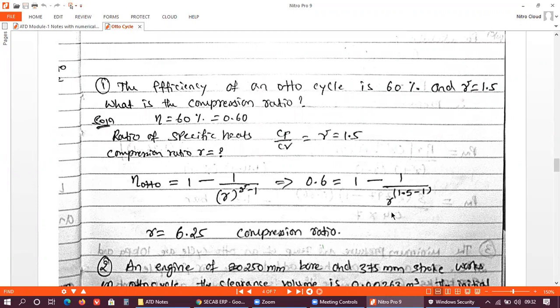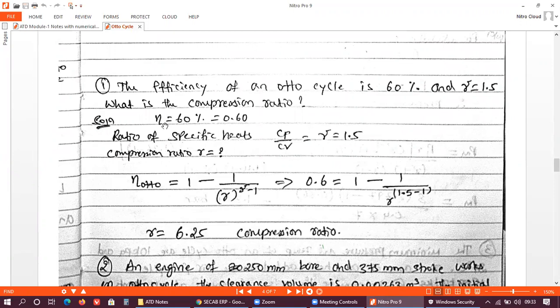What is the compression ratio? Gamma is nothing but the ratio of specific heats. So find the value of the compression ratio. This is a small problem.